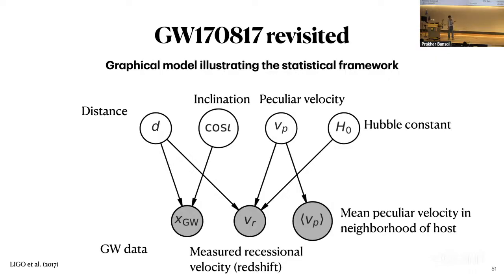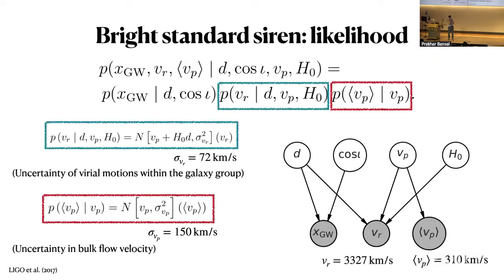this is the data. So we can expand out our likelihood and solve for the joint probability of our three data sets: the gravitational wave data, the measured recessional velocity of the host galaxy, and the mean peculiar velocity in the neighborhood of the host galaxy.